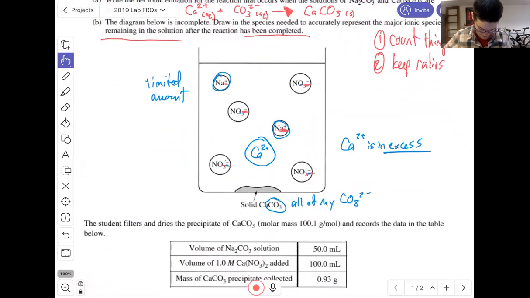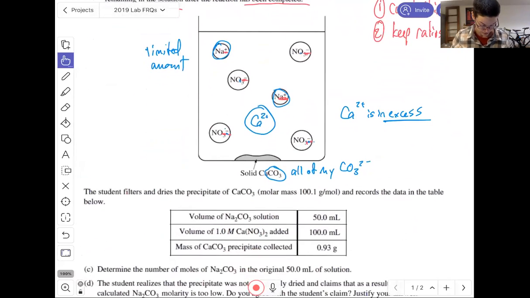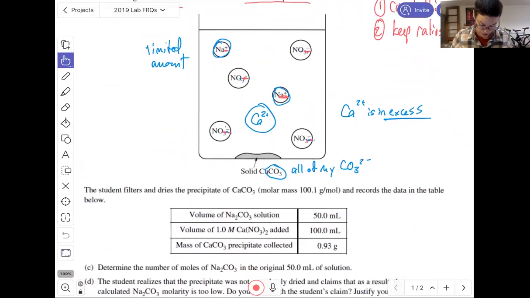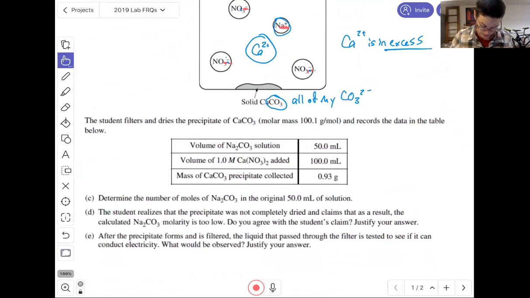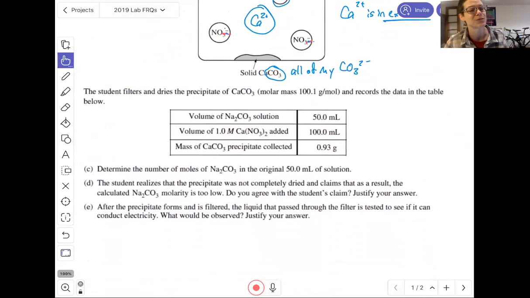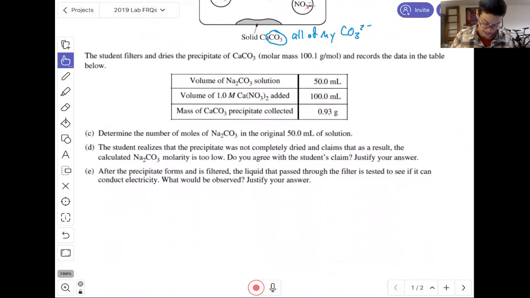Okay, so there's my data. All right, it says the student filters and dries the precipitate of the calcium carbonate. They give you the molar mass, which they are doing more and more to try and speed along the process in these questions. And they give you that data table. And then the question says, determine the moles of sodium carbonate in the original solution.